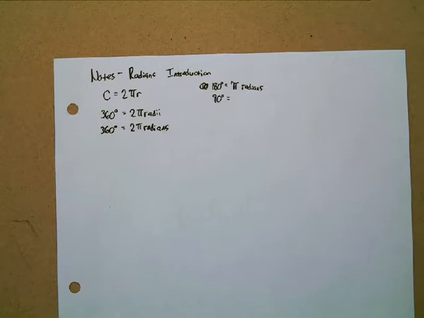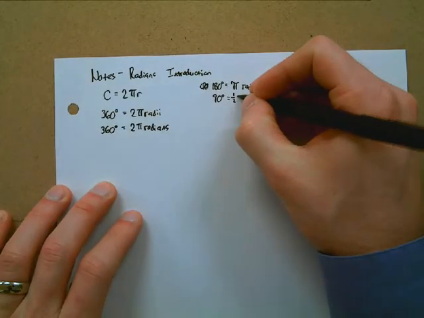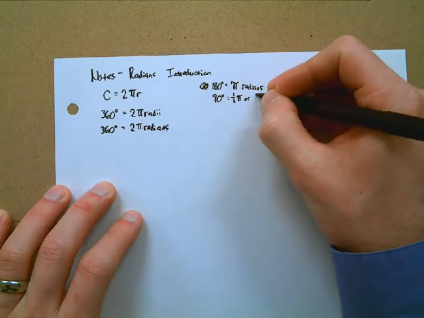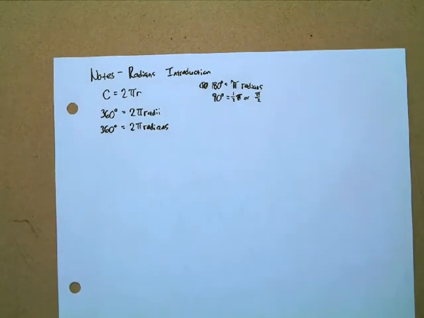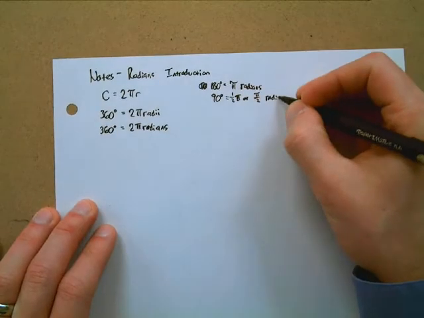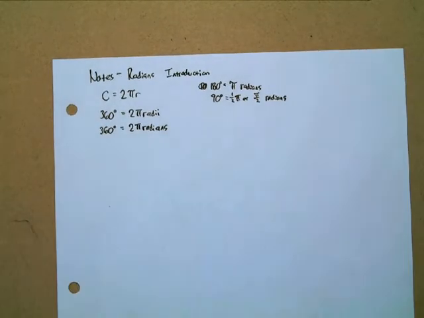So we can write it like this: 1/2 pi, or pi over 2, radians. So that means if you take a radius of the circle and multiply by pi over 2, that will be the measurement along the outside of the circle that gets you a 90-degree angle. Pi halves of a radian.